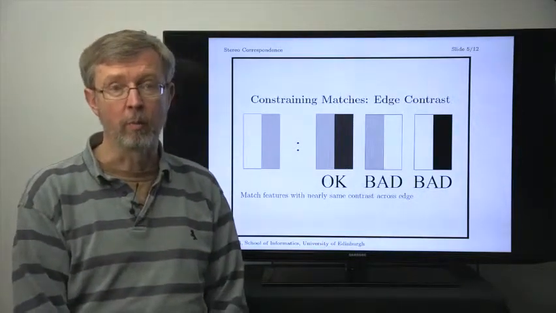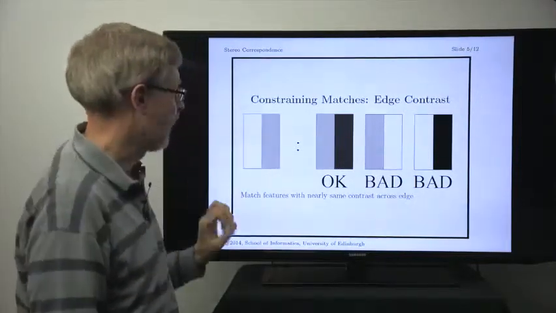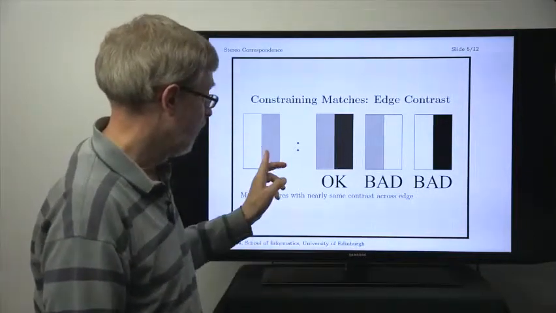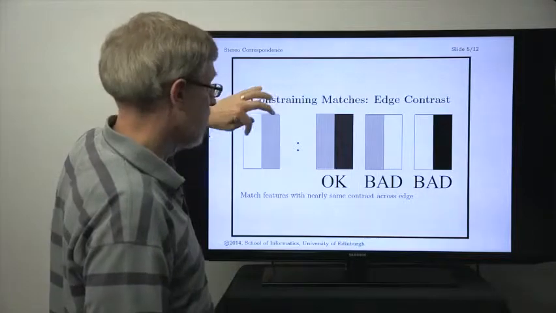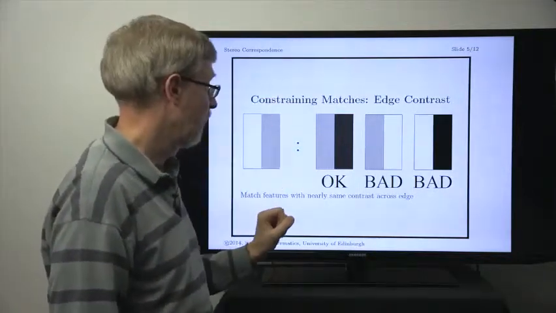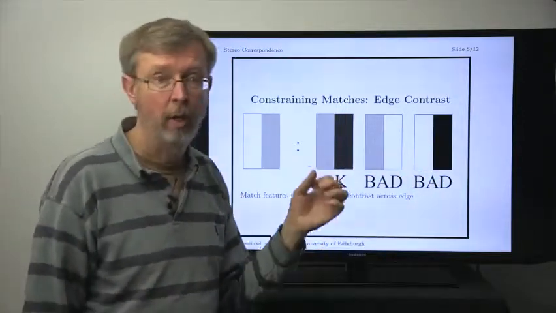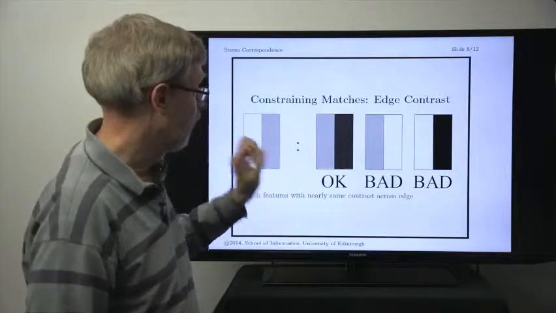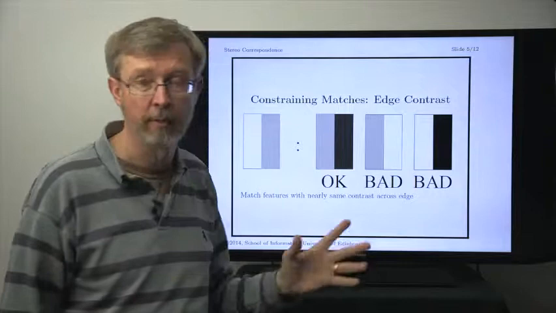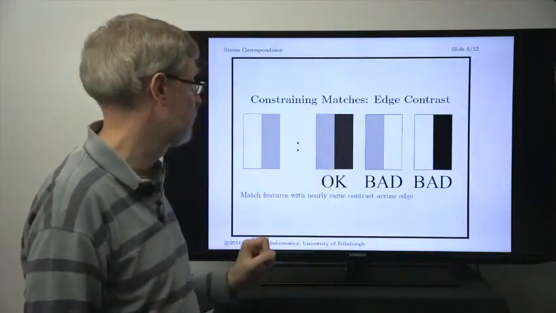Another constraint that one could use is edge contrast. So here's a little patch of edge right here. Here's the light side, there's the dark side. And what we're interested in is the contrast, which is the difference between the intensity values on the left and right. And here are three potential matches in the right image. This one works okay. The absolute intensity values are different, but the contrast is about the same, so the difference between the two values.